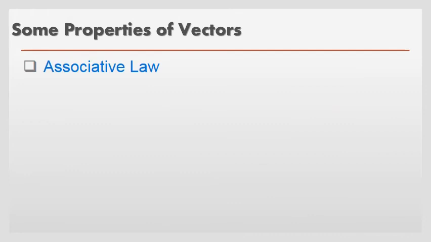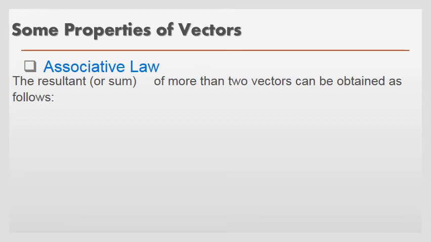The associative law for adding vectors works for more than two vectors in order to obtain the sum or resultant R of those vectors.